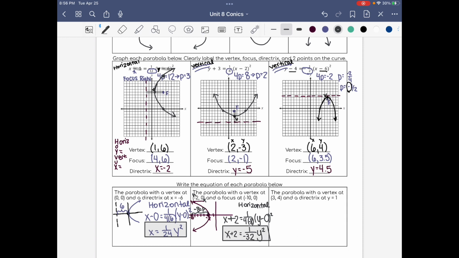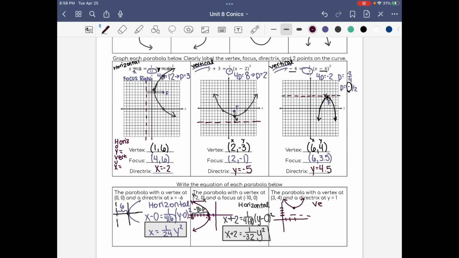And then the very last one says the parabola with a vertex at 3, 4 and a directrix at y equals 1. So that's going to be a horizontal line like this. The parabola has to go away from it, which means it's going up and down.